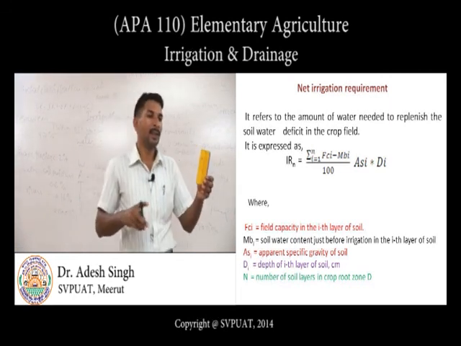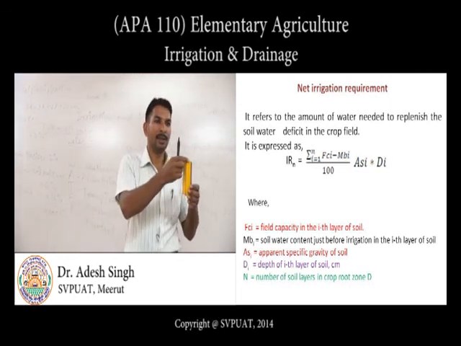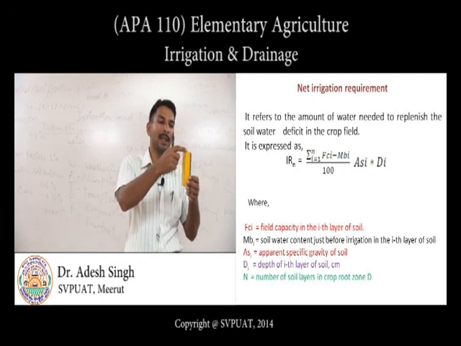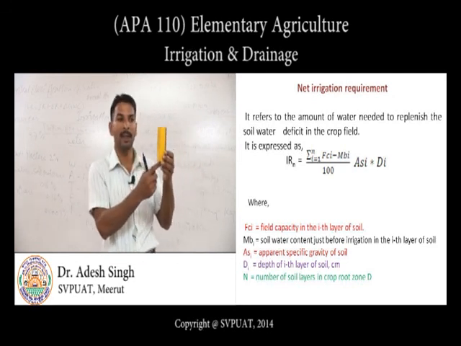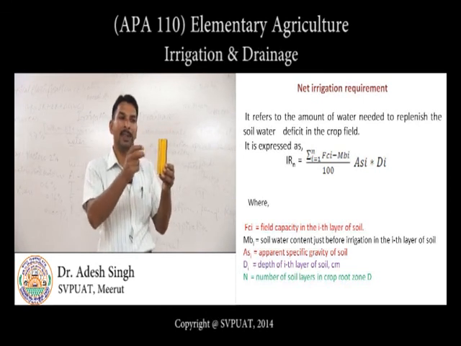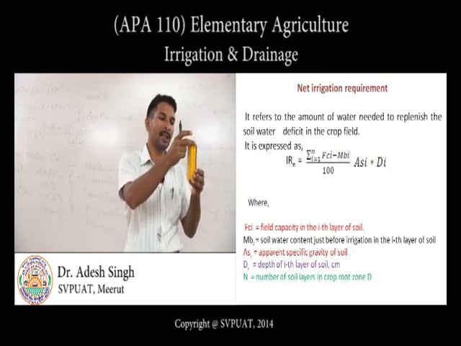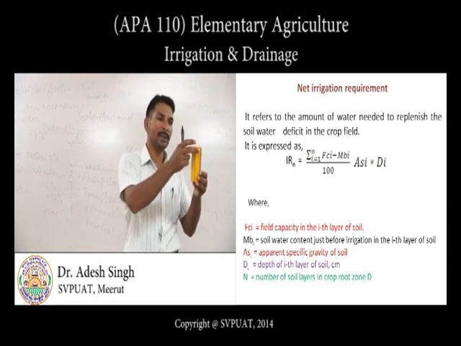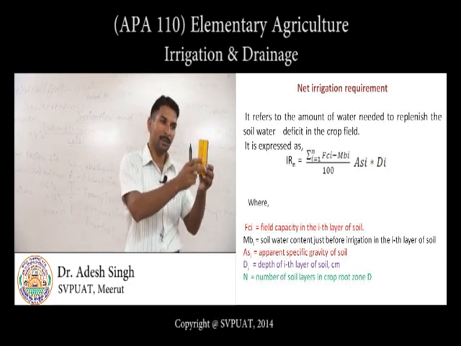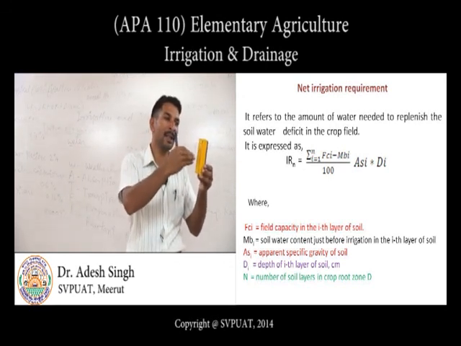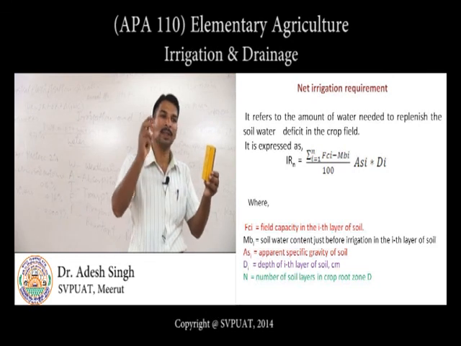For example, this is the soil column, this is the soil surface, and if the roots of a particular crop, for example wheat, can extract moisture from this level up to this level, there are two things: either we can test the water parameters or water constants for the whole layer at once, or we can differentiate it into different subdivisions.